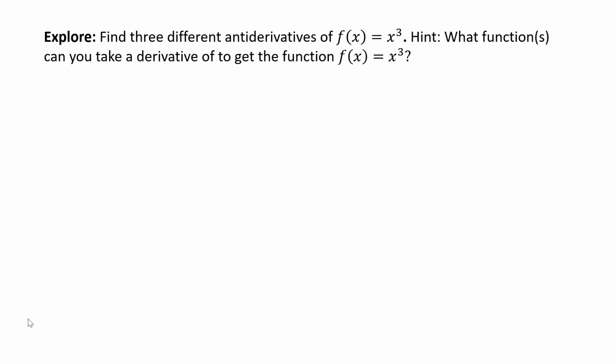Well, when we take the derivative, we lower the power by 1. So my first attempt would be, how about if we let cap F of x equal x to the fourth? Then, when we take the derivative, cap F prime of x equals 4x cubed.